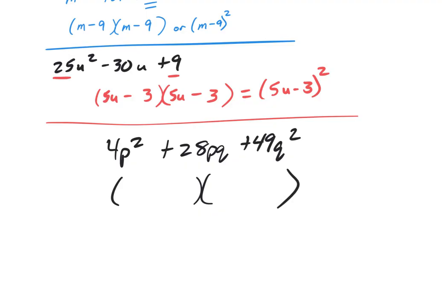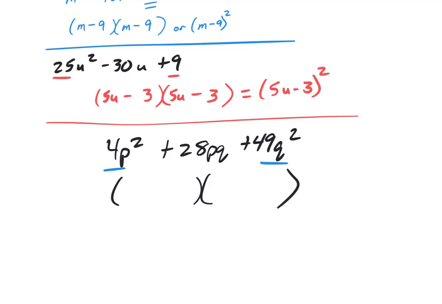And the first thing that we're always going to check today, because that's kind of our new thing, is are the first term and the last term perfect squares. Not necessarily the middle term. Okay? And is 4 a perfect square? If I take the square root of 4, do I get a nice number? Yes. Okay. What about 49? Yep. Okay.